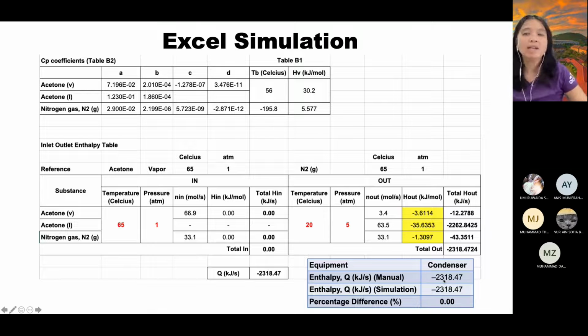By right, if you do the calculation correctly, it will change slightly due to the significant figures, but the change cannot be that much. Okay, so make sure you calculate the percentage difference between manual and simulation.